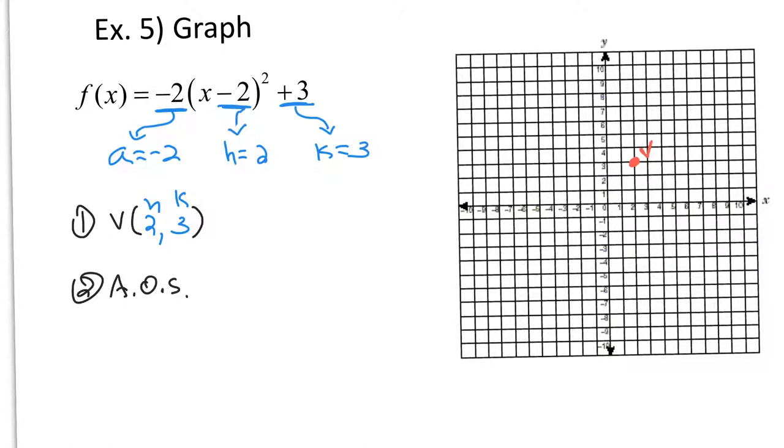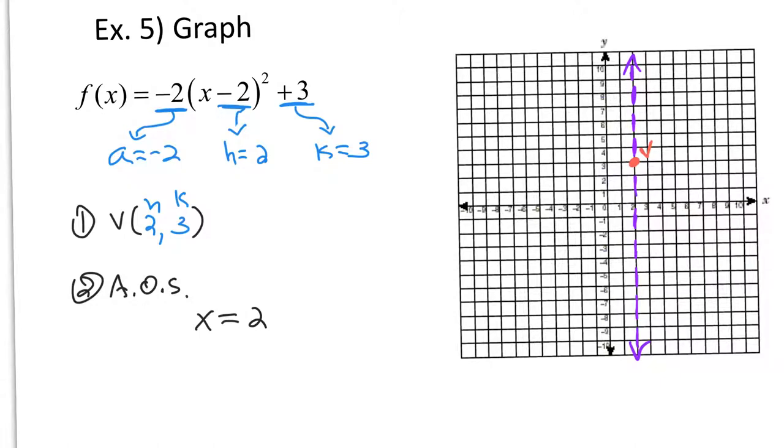And remember to do your vertical dash line through the vertex. So here we go. We have a dash line right there. And we cut the parabola in half. And that's going to help us reflect the points on the other side. Now, the equation of the axis of symmetry, keep in mind, is x equals your h value. So that's going to be a 2. So x equals 2.